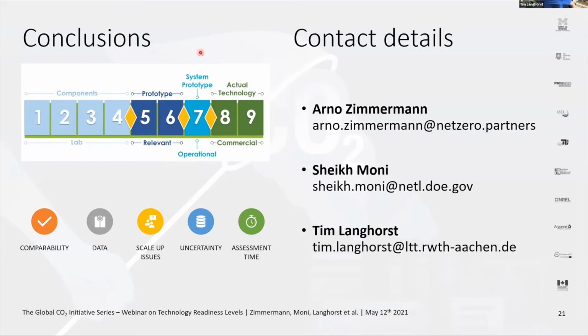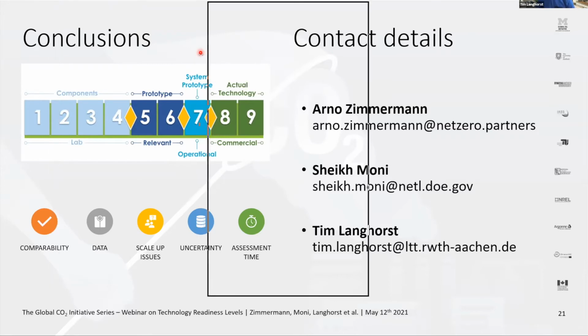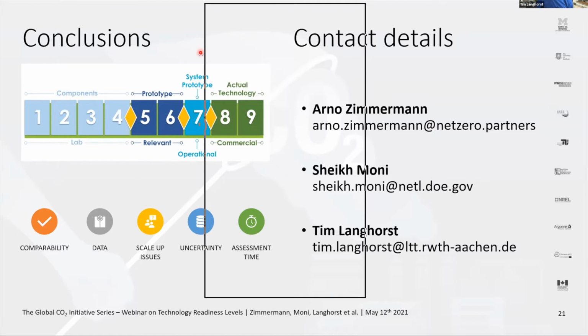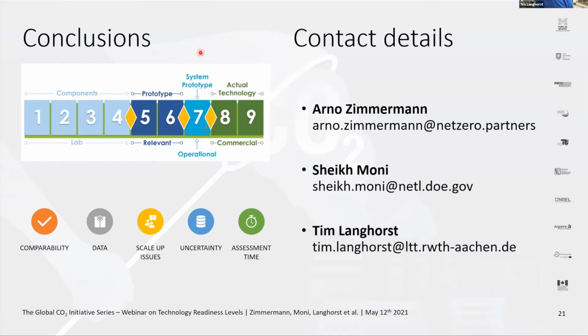Yeah, that's a very interesting question, and this is one key reason why we are going to publish low TRL guidelines in addition to the existing guidelines available from the Global CO2 Initiative. And yeah, it's quite likely if you do not take care of this. So you really have to go for an iterative approach here.